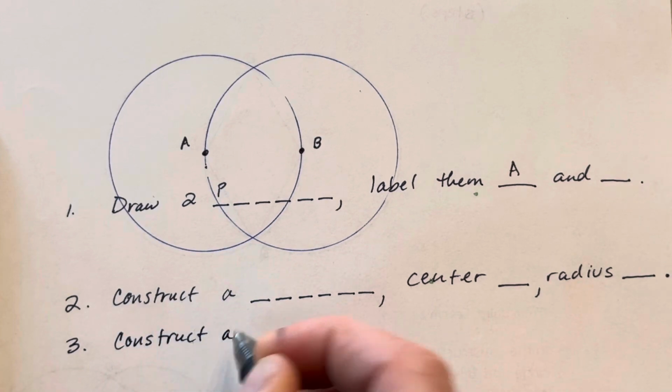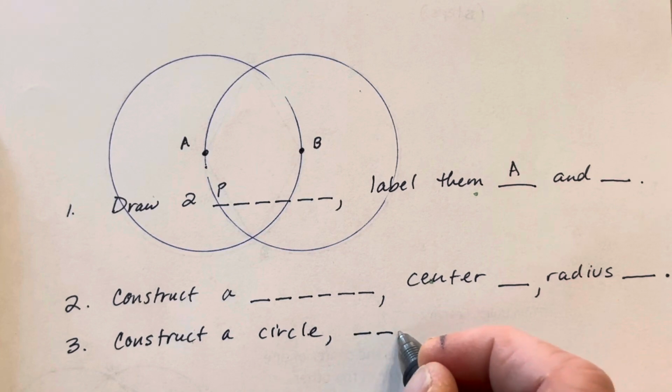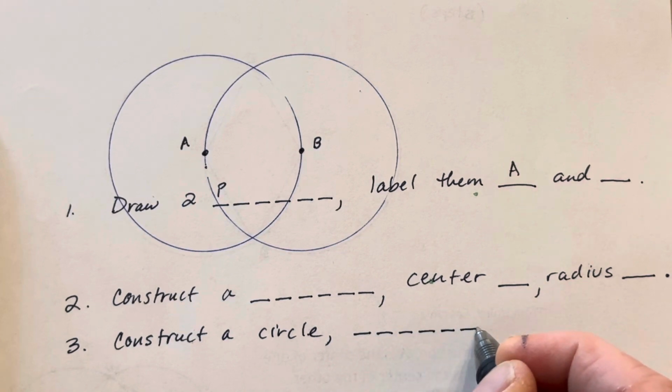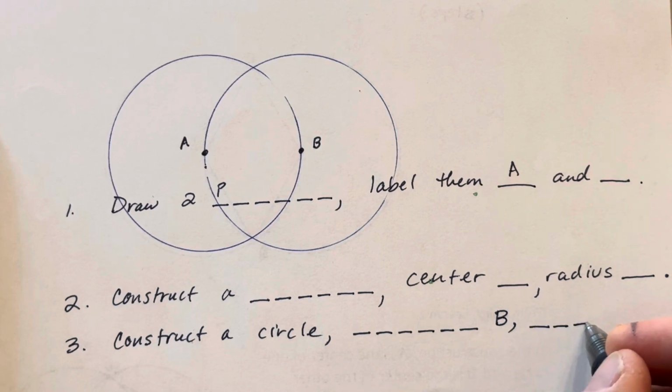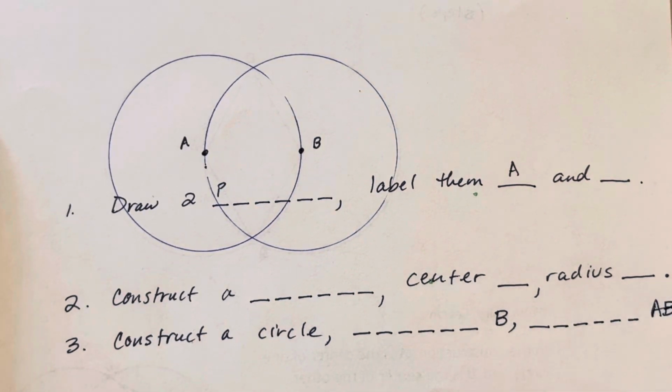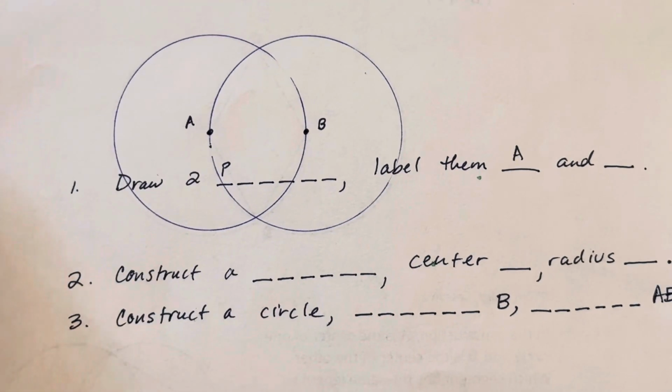Construct a circle, blank, B, blank, AB, right? That was the 3rd step. Now let's go to the 4th step.